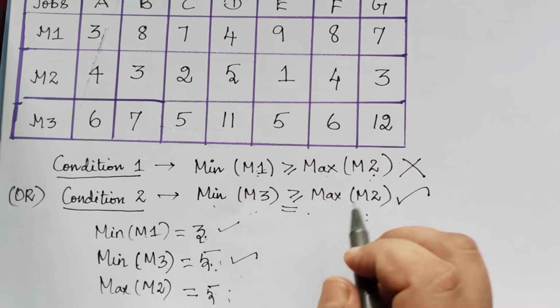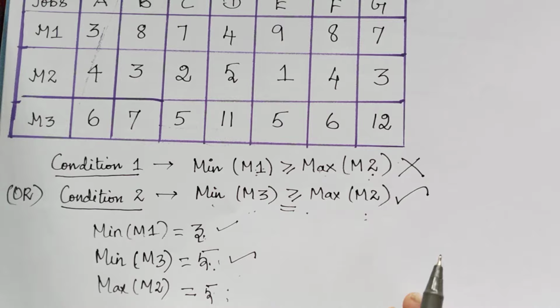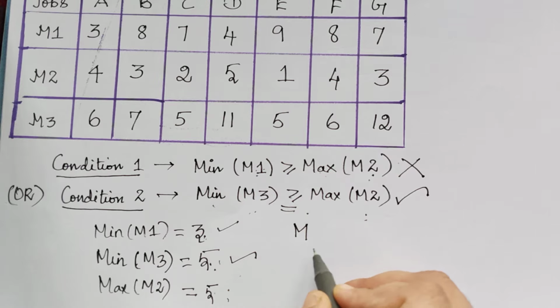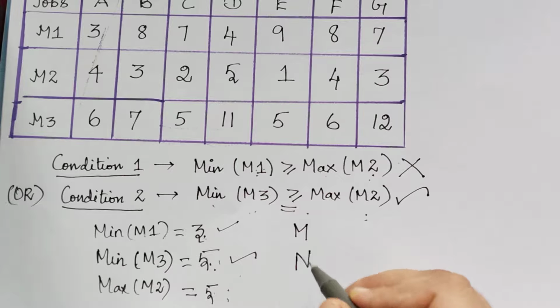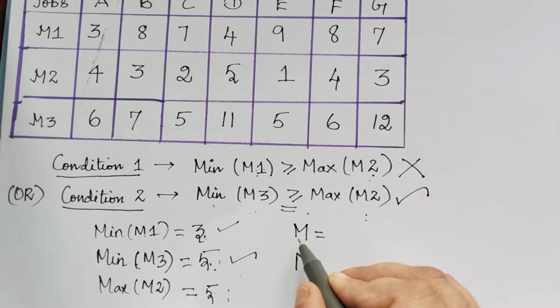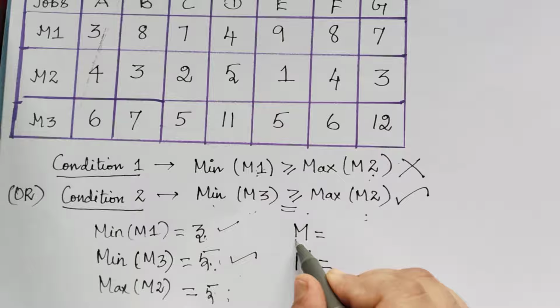So now let us see how to convert this problem into a two machine problem. In order to do that, we have to introduce two new machines, that is M and N. So the three machines will be converted to two machines. The first machine will be M, and the next machine will be N. And how do we obtain machine M?